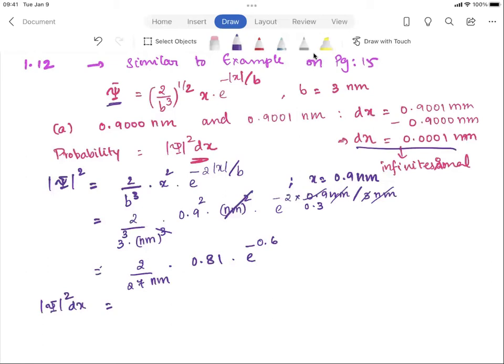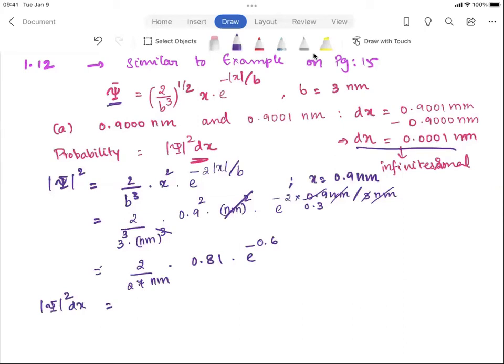So let's go ahead and compute these values. That would be 2 times 0.81, which is 1.62. We're going to multiply by e to the power negative 0.6, and divide the whole thing by 27.